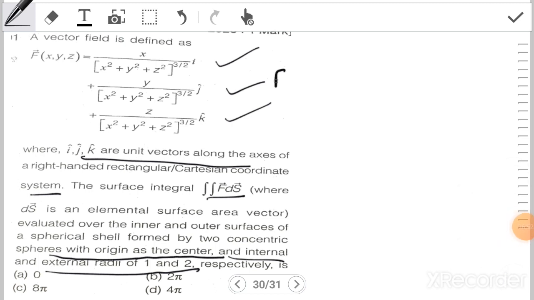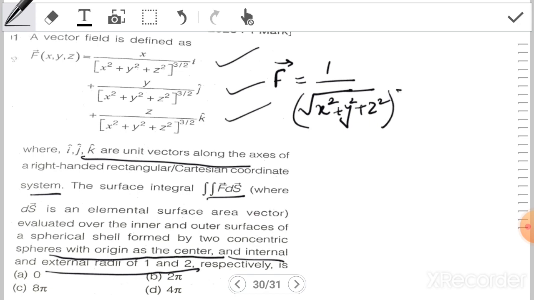So we can rewrite this as 1 by root under x square plus y square plus z square, whole cubed, times xi plus yj plus zk, right?